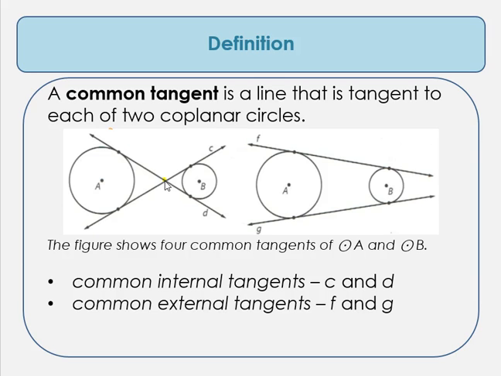Now if we look at the drawing to the right, we have the same circles, A and B. We have 2 tangent lines, F and G. But these lines, though they intersect with both circles A and B, do not intersect with each other. They are on the, let's say, outside of the circles. So they are called common external tangents. And the first set were common internal tangents.